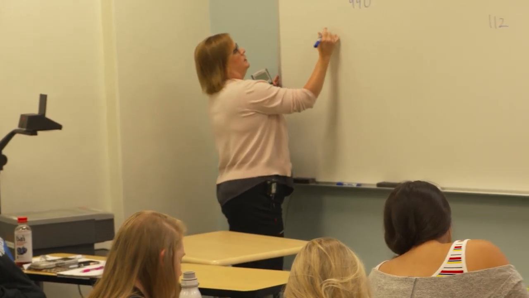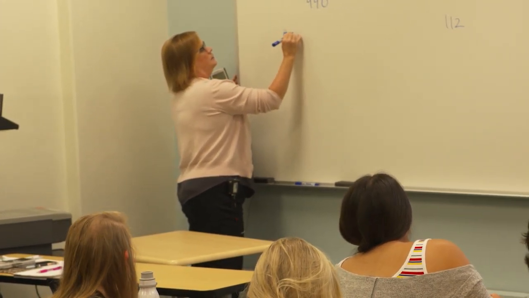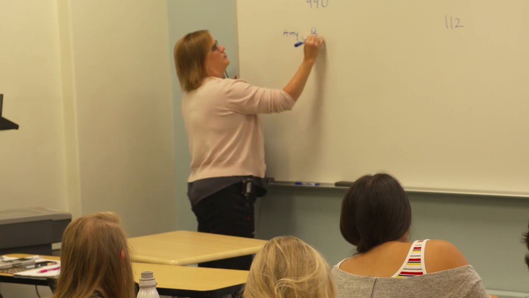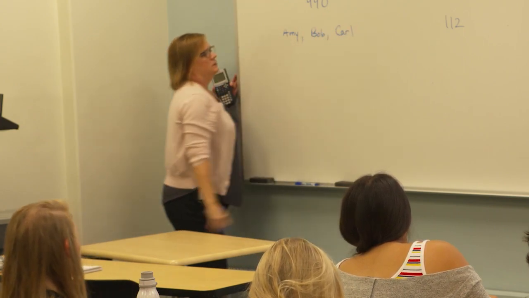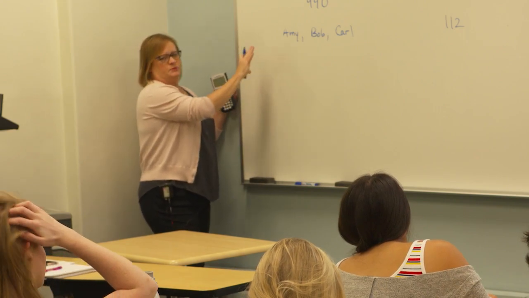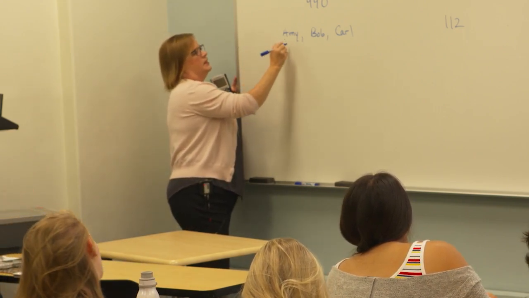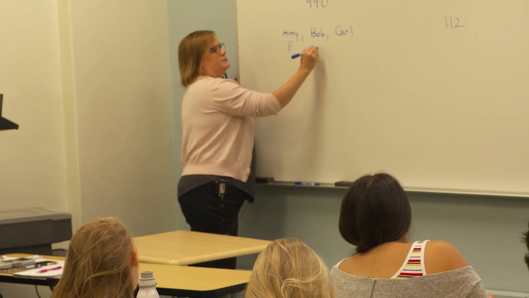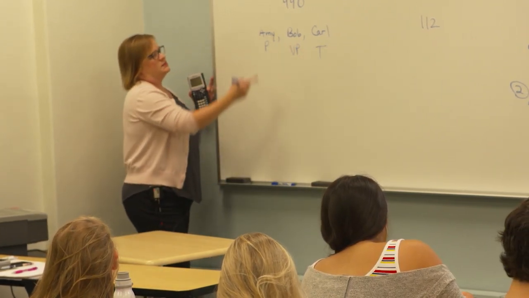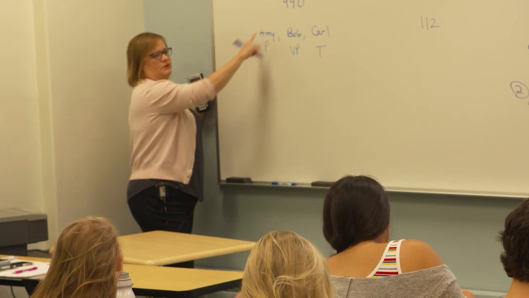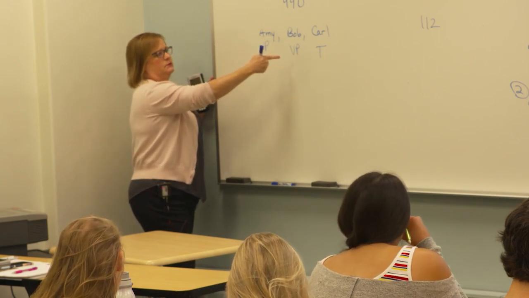Right, so that is counting the order. Like if I pick Amy and Bob and then Carl. That means that order, I'm saying Amy is the president, Bob is the vice president, and Carl is the treasurer. So I still want to count the other orders of that group of 3 people, right?